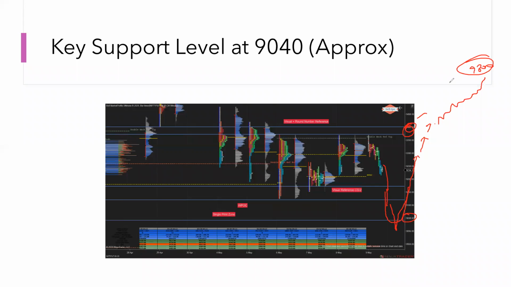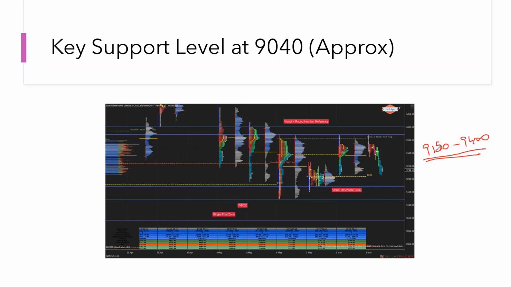So as of now, my immediate visibility for the next week is between 9,170, and in the worst case 9,150, and 9,400. This is my expected volatility for the next week. That's why we have a slightly bearish to neutral view.